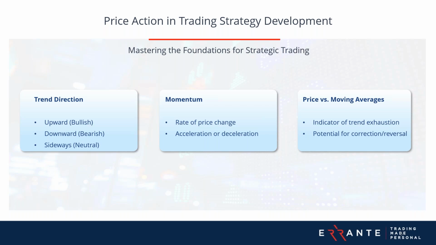When the price stays too far from these averages, it often signals that the trend might be overstretched, indicating a potential for correction maybe or a reversal. So this observation is vital for traders to avoid entering at market peaks or troughs. So in that case, you're going to get your trade stopped by the market moving in an opposite direction.